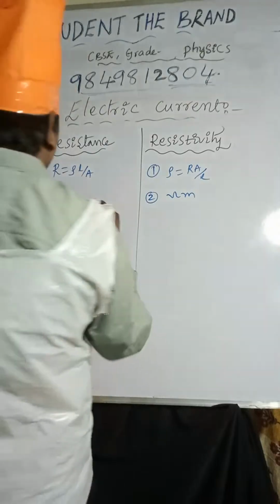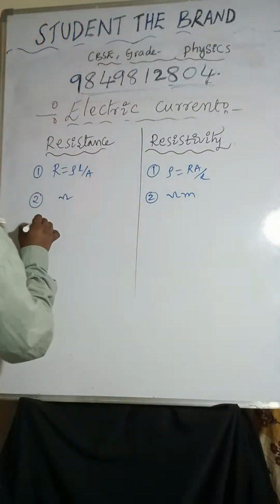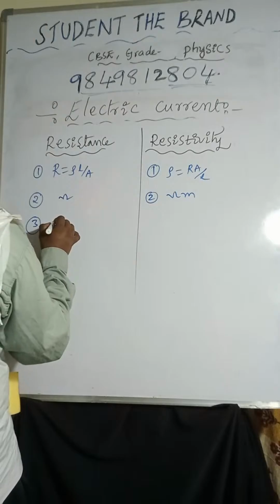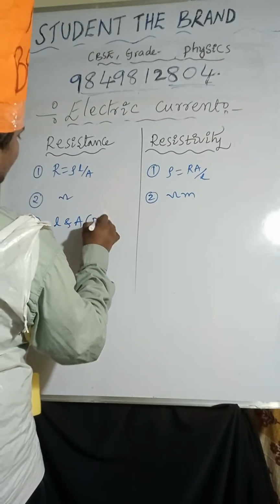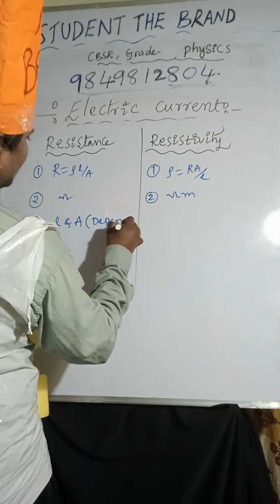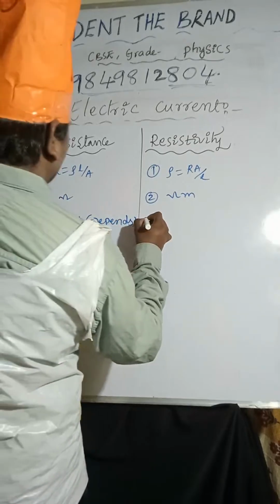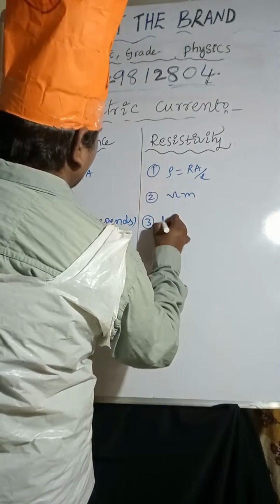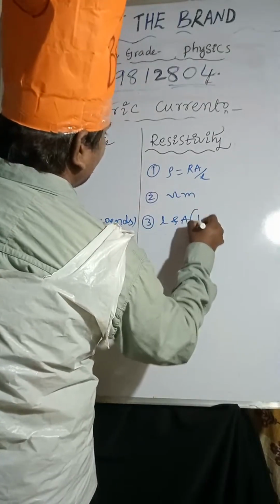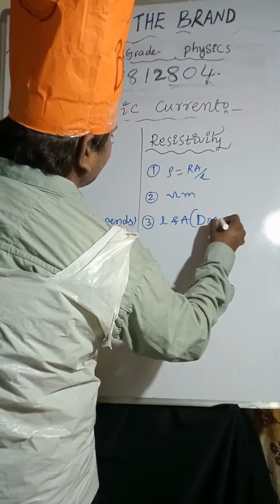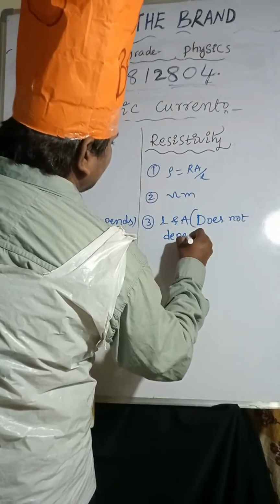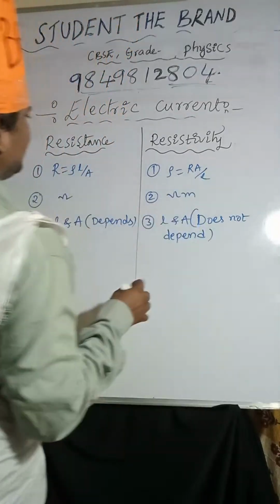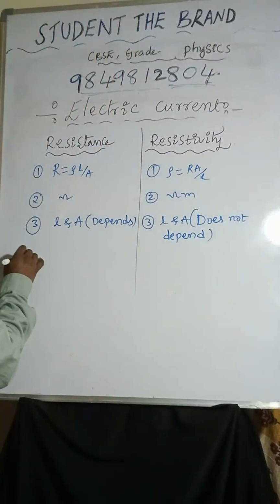Third, resistance depends on length of the conductor and area of the cross section. Resistivity does not depend on length and area of the cross section.